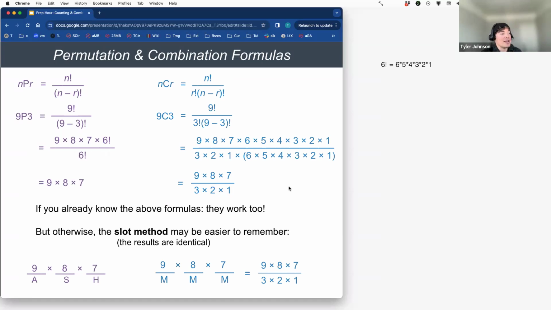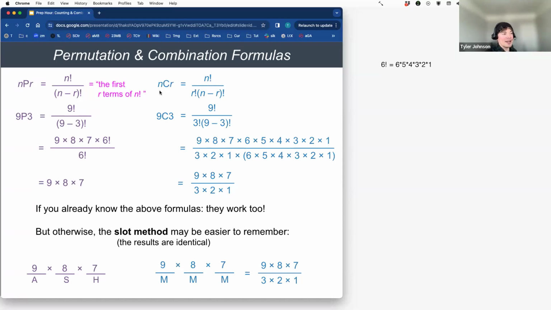The one modification I might suggest is for permuting, rather than memorize n factorial over n minus r factorial, in my head, it's a little bit easier to conceptualize it as the first r terms of n factorial, right? So for 9 permute 3, I'm just taking the first 3 terms of 9 factorial, 9 times 8 times 7.